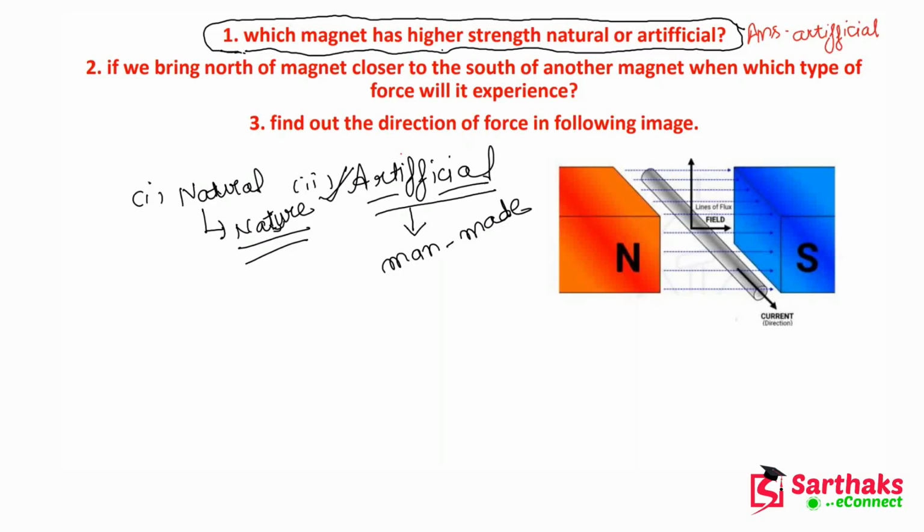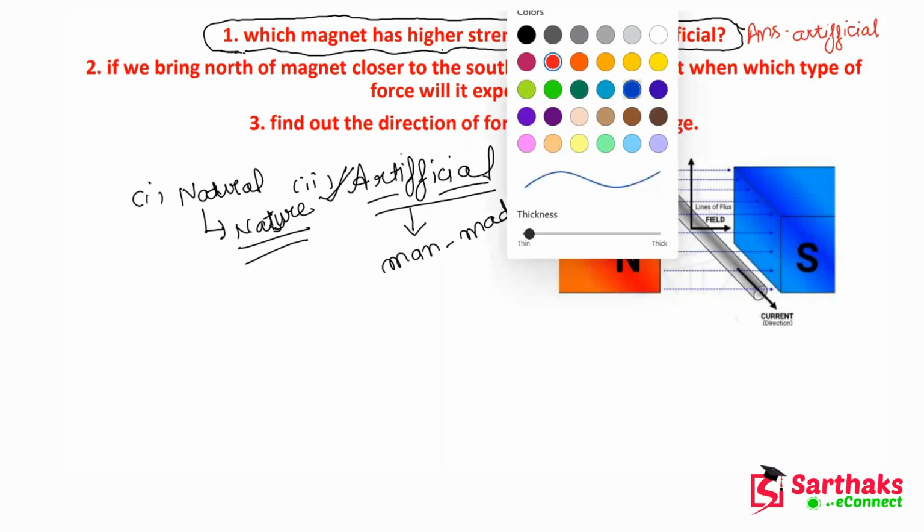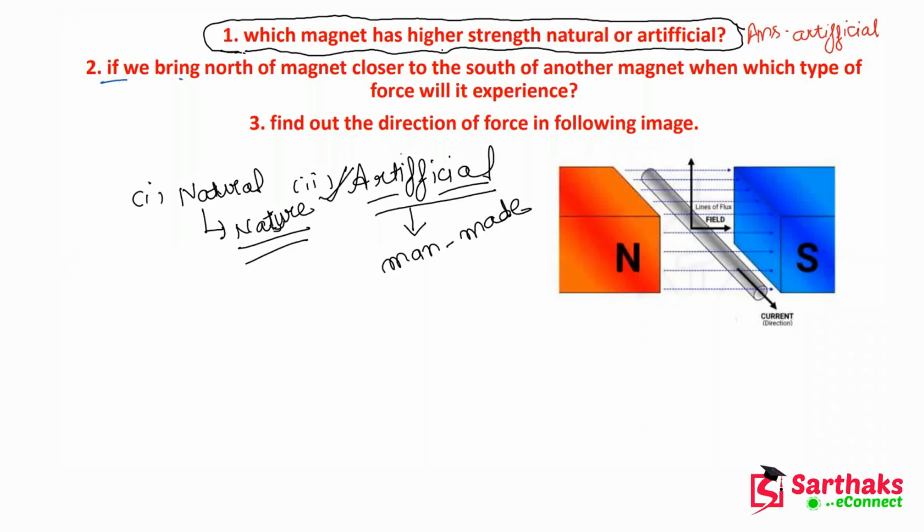So now guys, let's talk about the second question. Let's try to understand what this question is saying. If we bring the north of a magnet closer to the south of another magnet, which type of force will it experience?